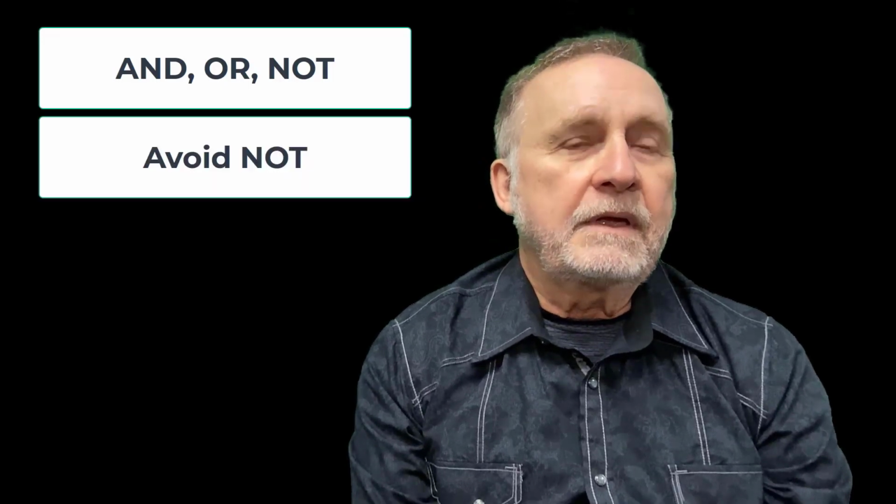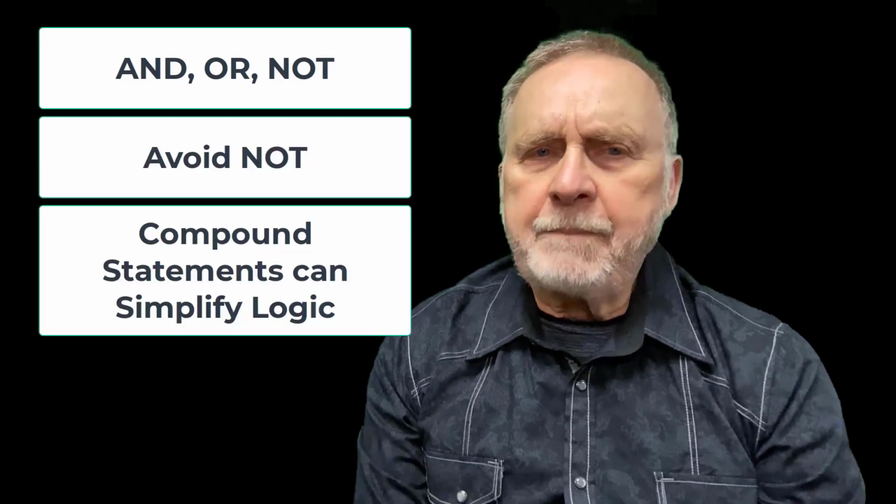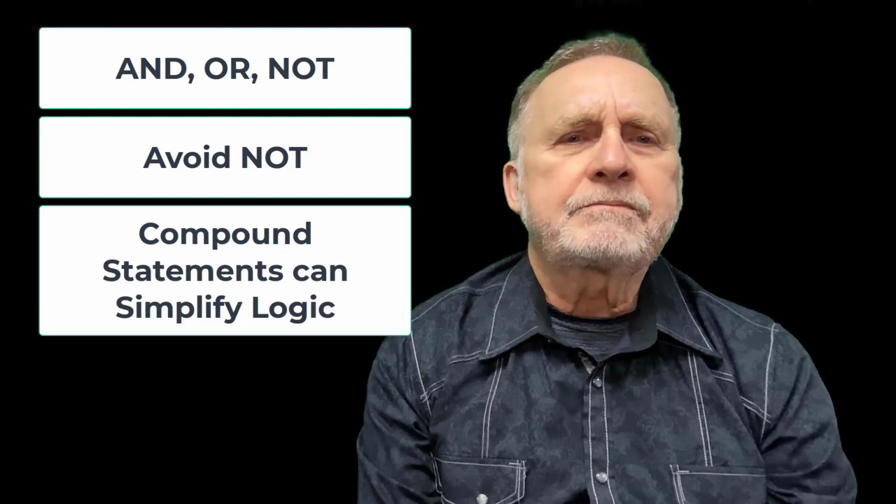You'll find that as you continue to view these videos, the compound statements are a big help in input validation. We use them not necessarily to check the validity of data, but to check the reasonableness of data. What you need to take out of this video is and, or, and not are 3 logical operators. Not should be avoided. Compound statements can simplify your logic.